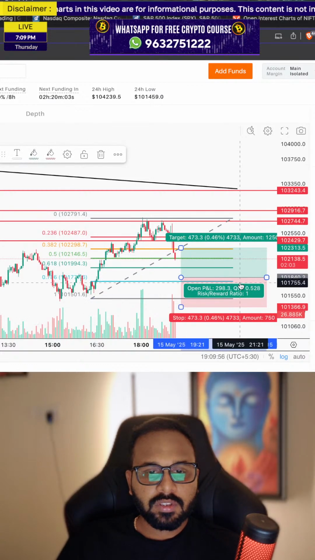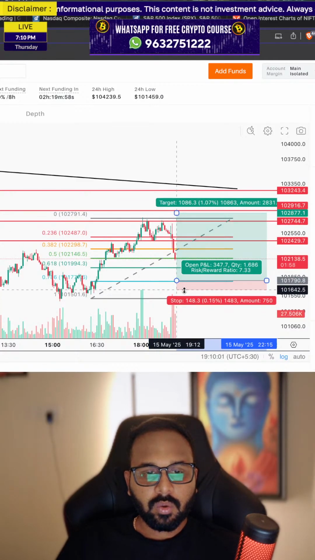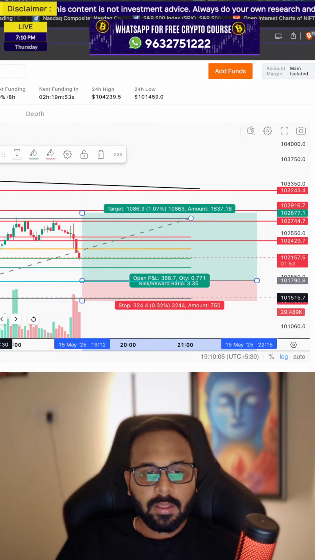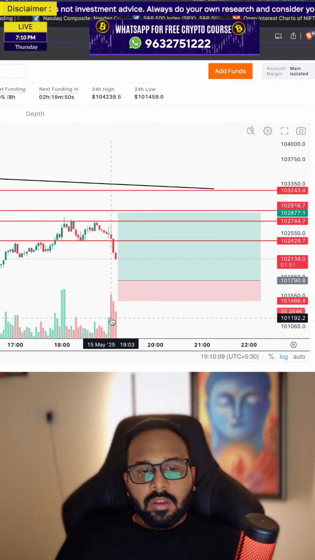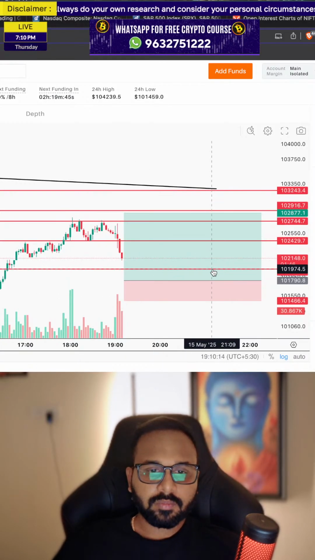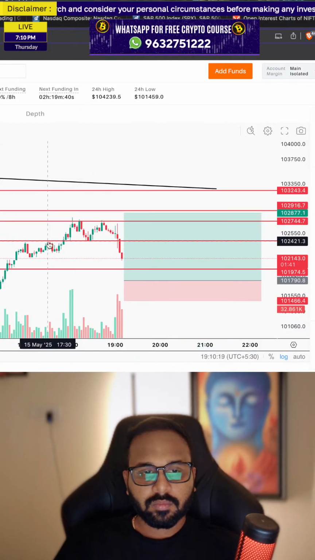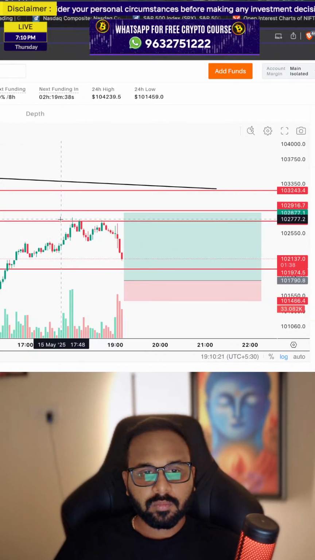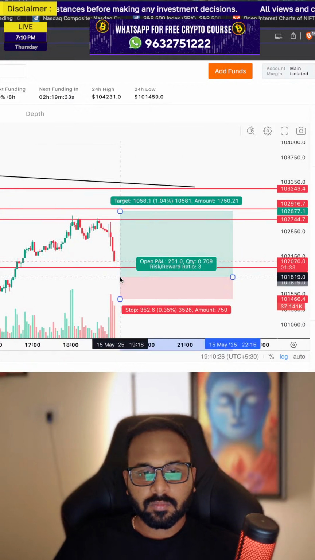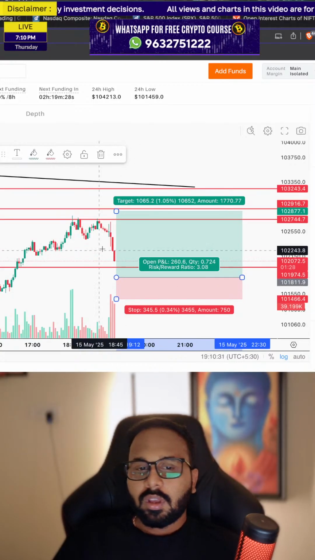Say this was the previous resistance zone. Say the market comes to this zone. That time, this is the plan. This area or this area. Mark this.